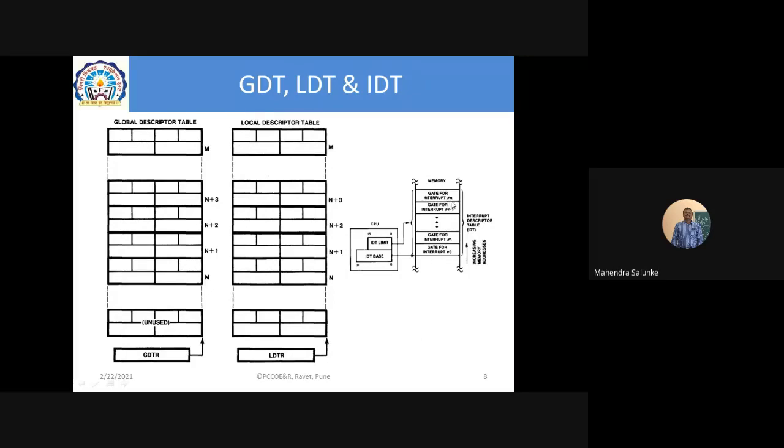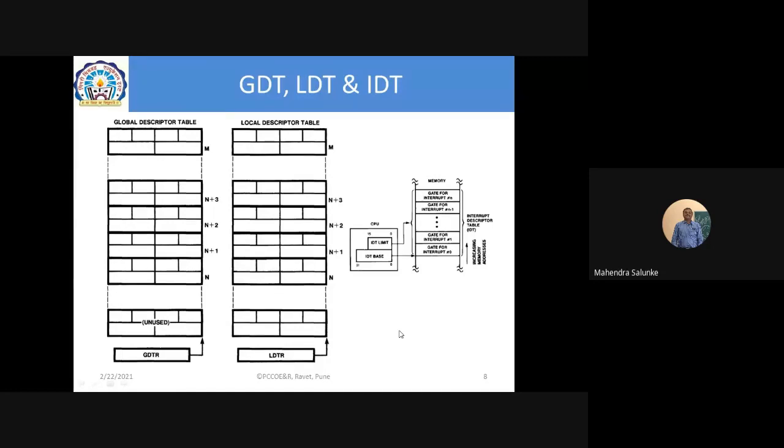What will be the value of n in the case of the IDT? 2048? 2048 is basically the number of bytes that we calculated. All right, 256. So 256 is the maximum number of gates that we can have in the IDT.